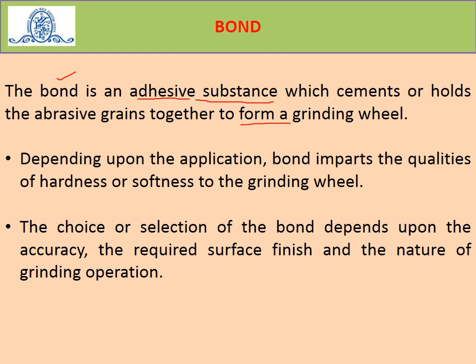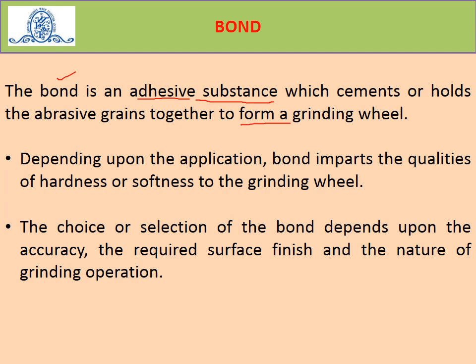The selection of the bond depends on the accuracy, the required surface finish and the nature of the grinding operation. Accordingly we select the type of bond, and that bond imparts hardness or softness.